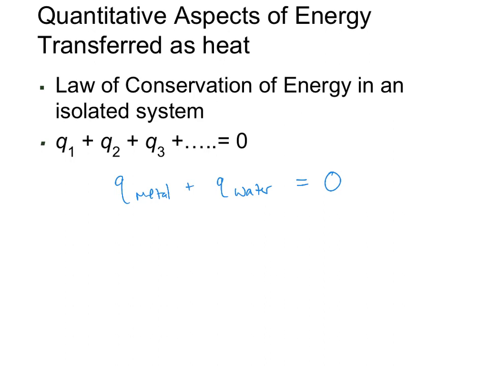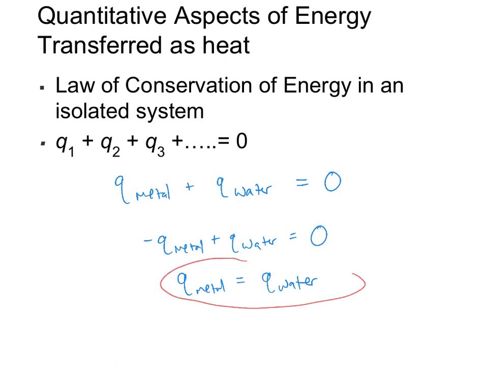Another way to think about that is that since we know the heat from the metal was negative, and our heat from the water was positive, the heat lost by the metal is going to be exactly equal to the heat gained by the water.